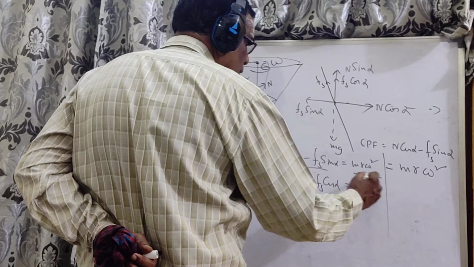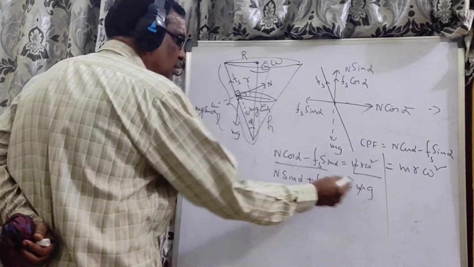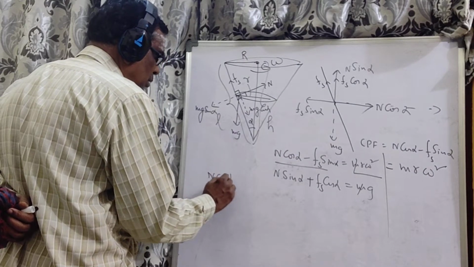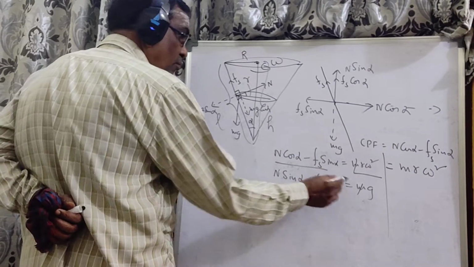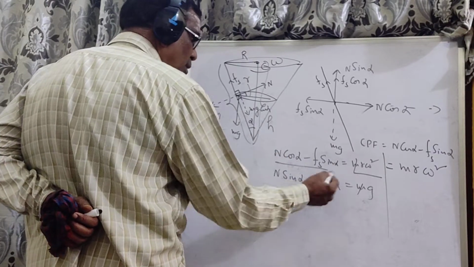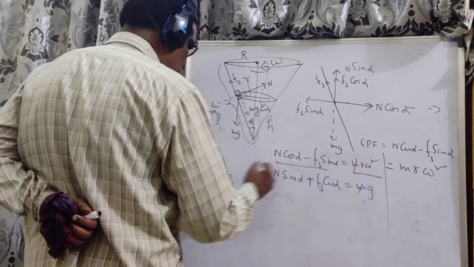We'll divide this, m gets cancelled. N cos alpha into g. This is N sin alpha omega square.